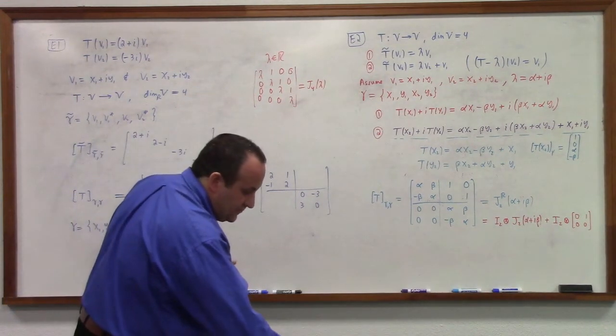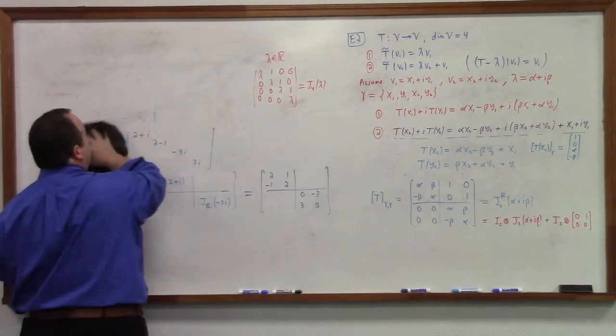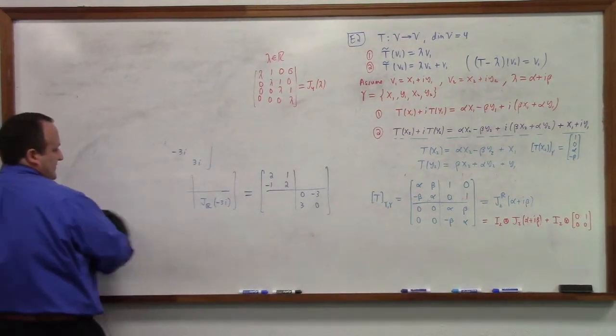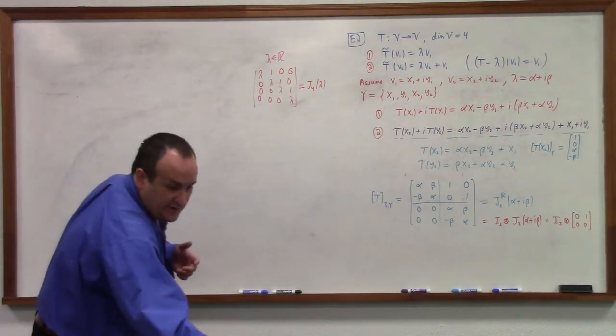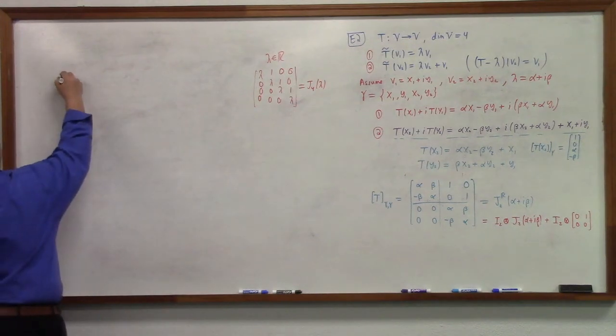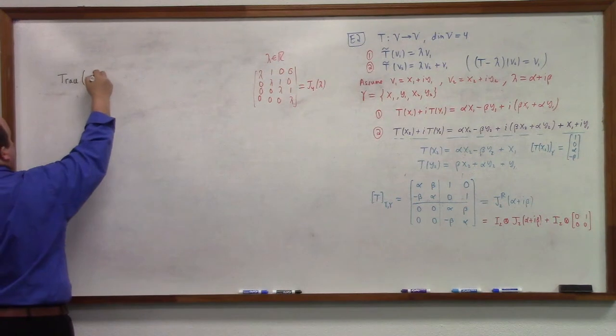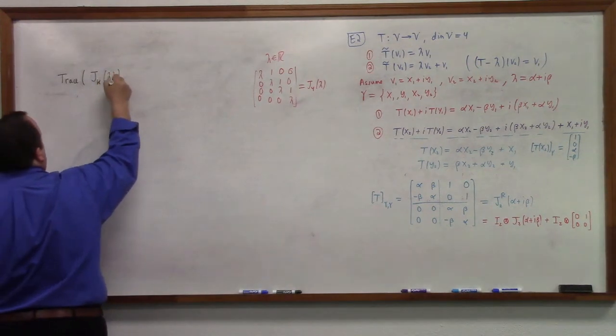For example, what's the trace of an arbitrary transformation? So what's the trace of the kth Jordan block of lambda, where lambda is real?